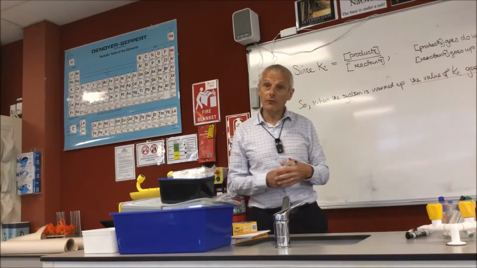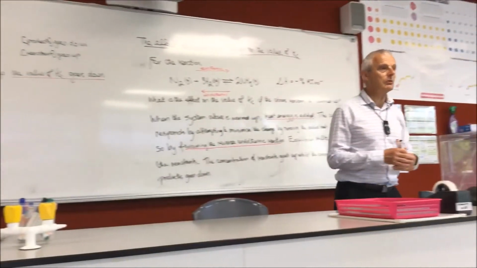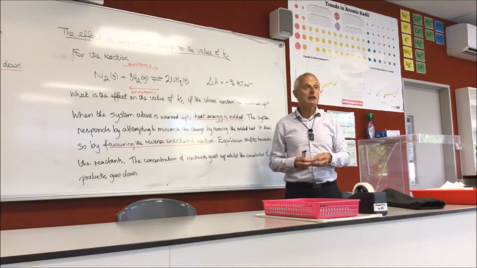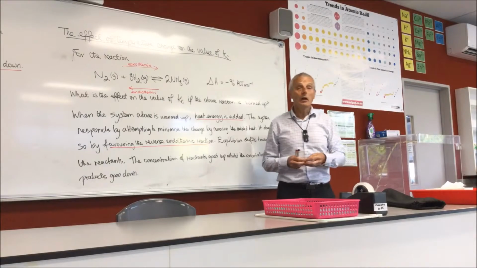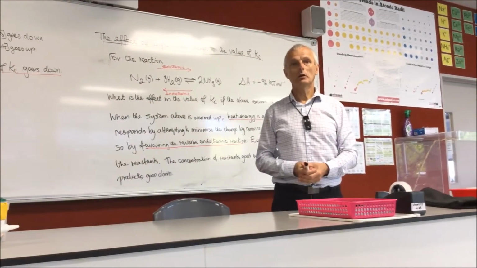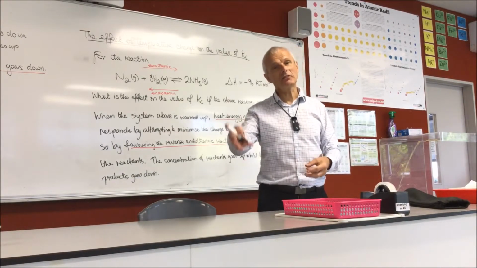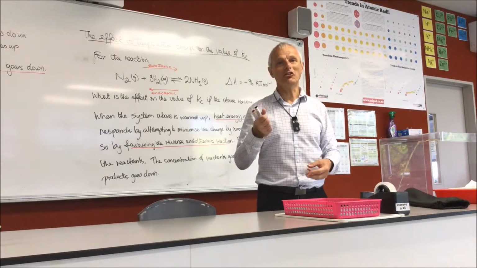And it's very straightforward. What is the effect of adding a catalyst to a system that's in equilibrium? And the answer is very, very simple. A catalyst, what is a catalyst? Tell me, what is a catalyst? It lowers the activation energy barrier, but what does it actually do?